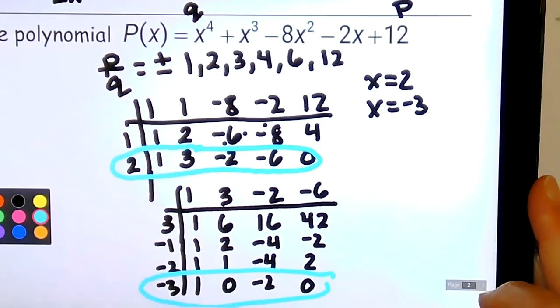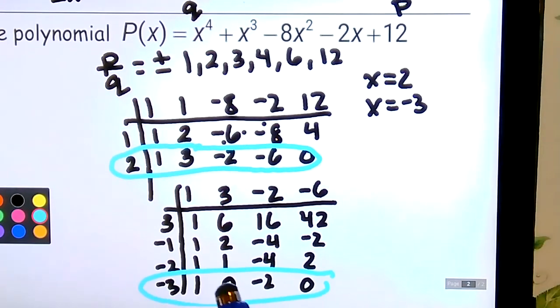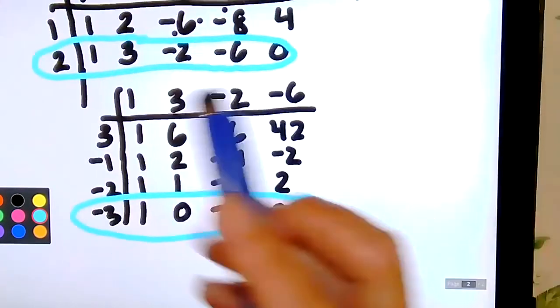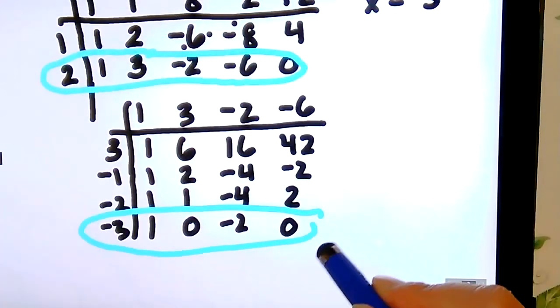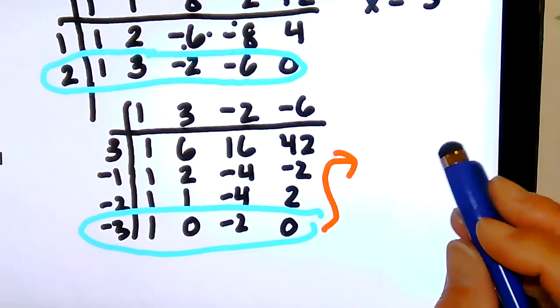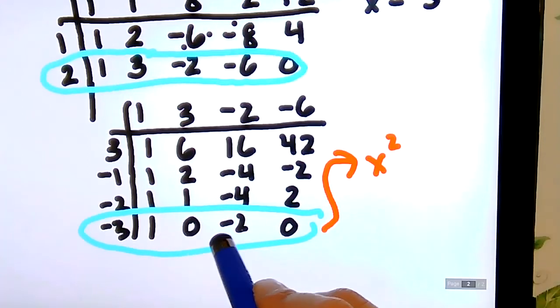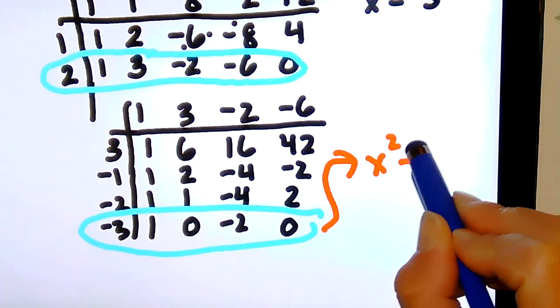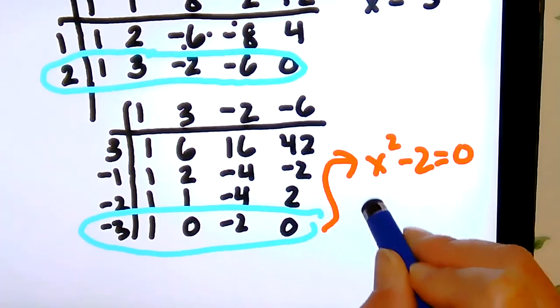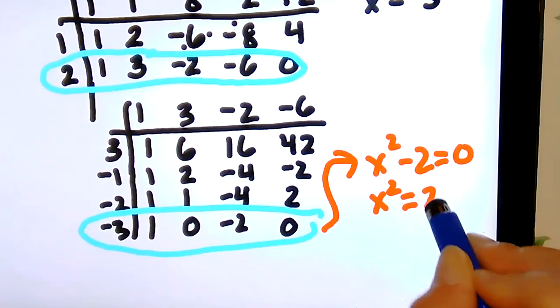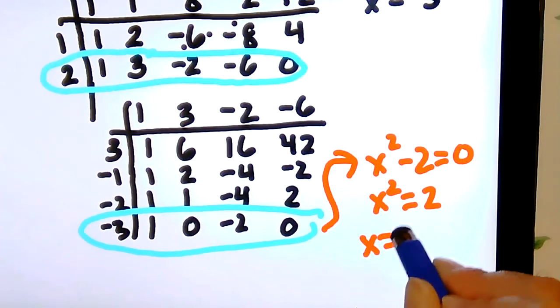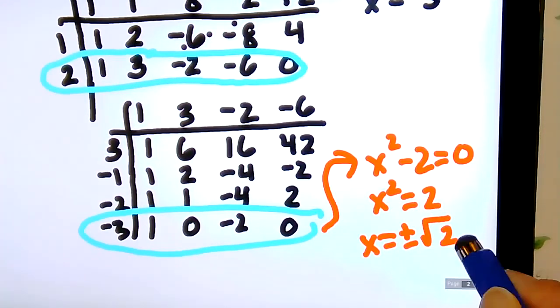So now I'm going to take this degree 2, 1, 0, -2, and I'm going to use that to find my last 2. So this is going to be x squared plus 0x plus a -2, or -2. I'm going to solve this. X squared equals 2. Take the square root. X is equal to plus or minus √2.